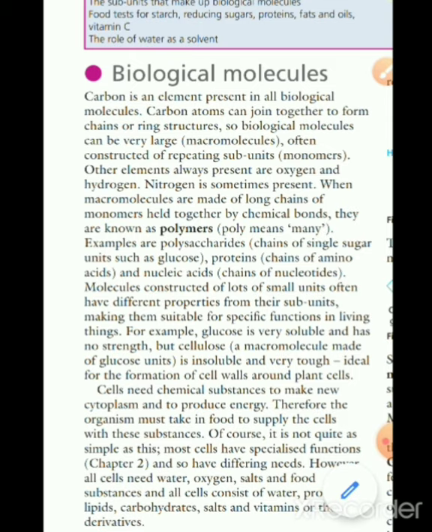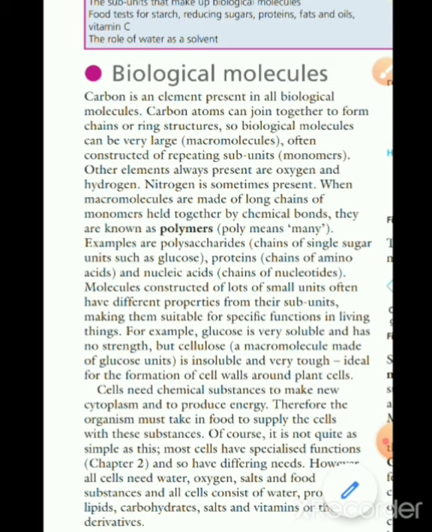Next, take the example of glucose. Glucose is basically a monomer. Glucose is very soluble and has little or no strength. In comparison, cellulose is a macromolecule which is also made up of glucose units, but it is insoluble and very tough.